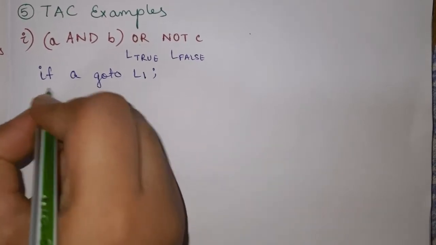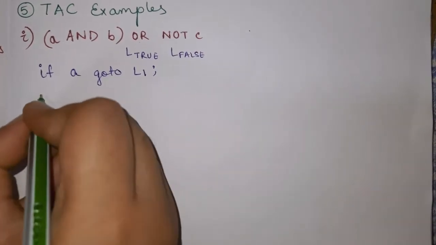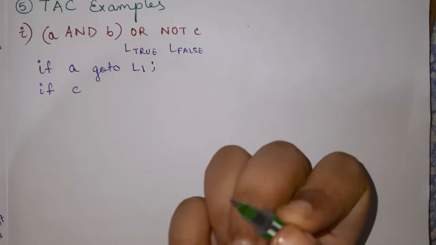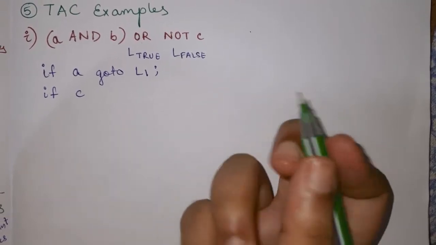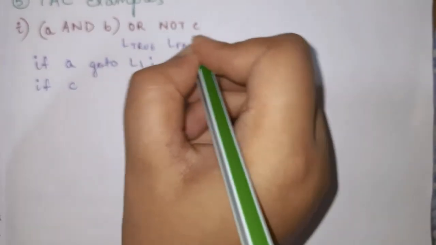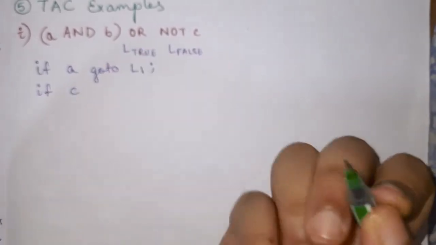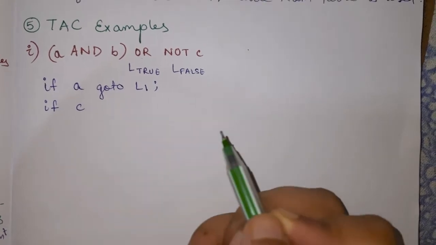Now if A is false, then we need to check the second term of OR, that is if C. If C is true, because in TAC we do not have not C, then this whole expression will become false, and this was false, therefore the whole expression becomes false, so I need to go to L false.